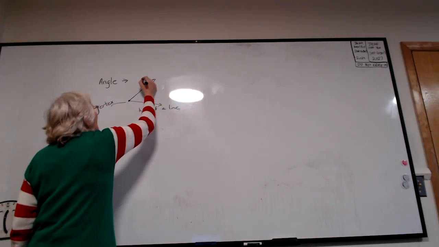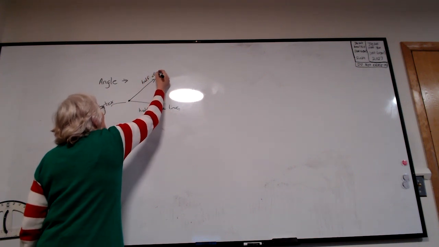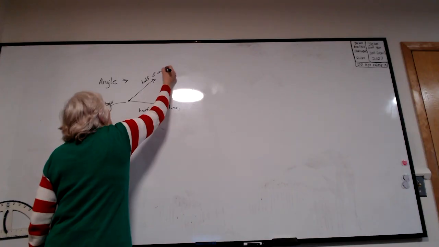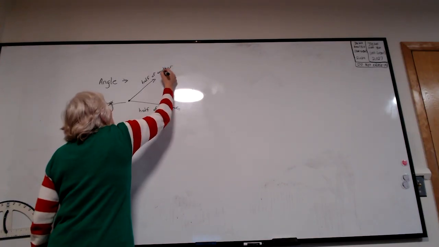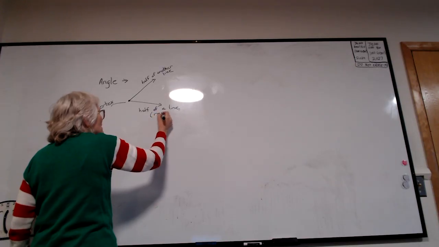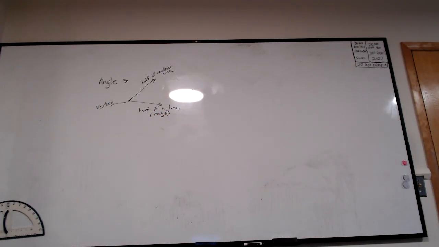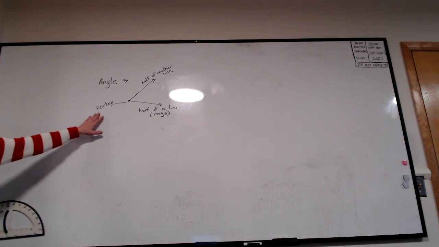This is the half of another line. These are technically called rays, but I'm not expecting you to know that. So half of a line is really called a ray. It's just half of it going out. But an angle is made up of two rays intersecting at one endpoint called the vertex.